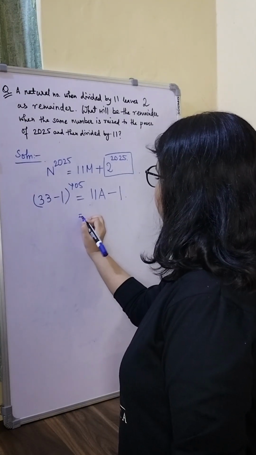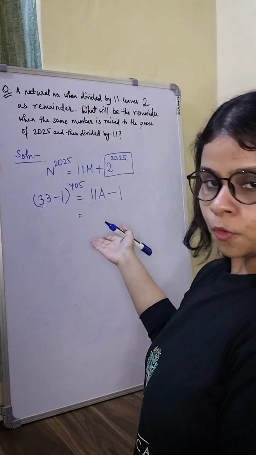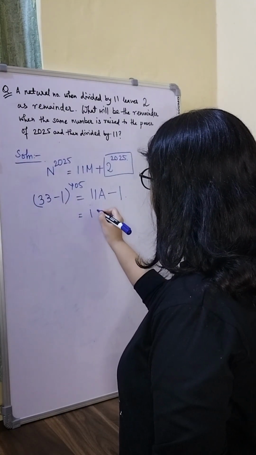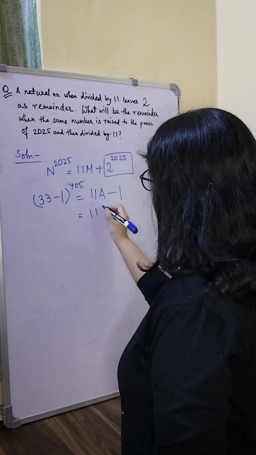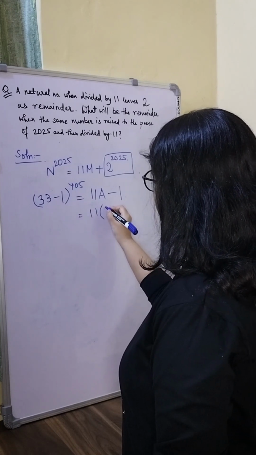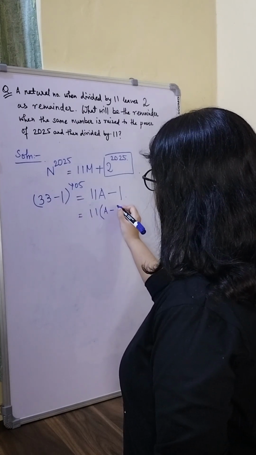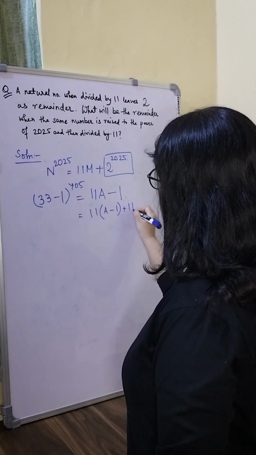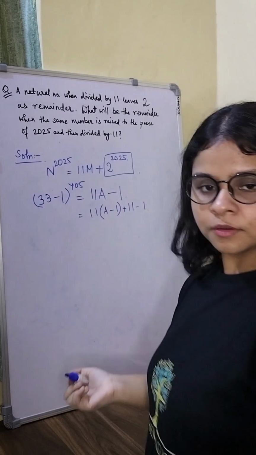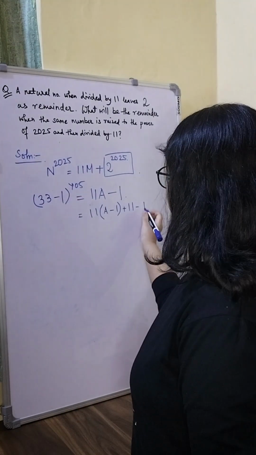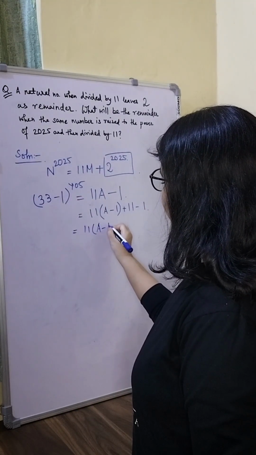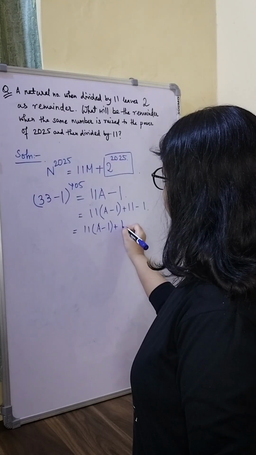That we can further deduce it. Okay? How? 11 into a minus 1 plus 11 minus 1, right? So we have 11 into a minus 1 plus 10.